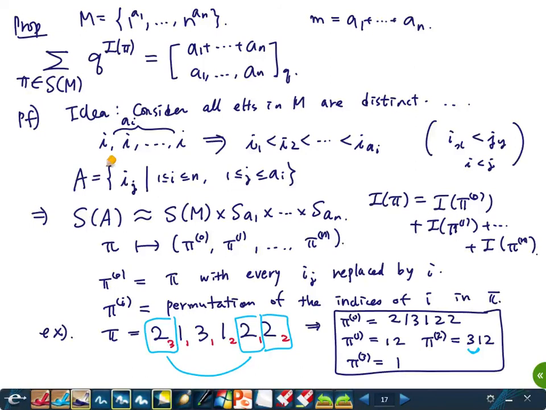But a set is also a special case of a multiset. Did I answer your question? M is a multiset. Yeah, so we have multiplicities for the elements. Okay? If it's not clear, please ask me.